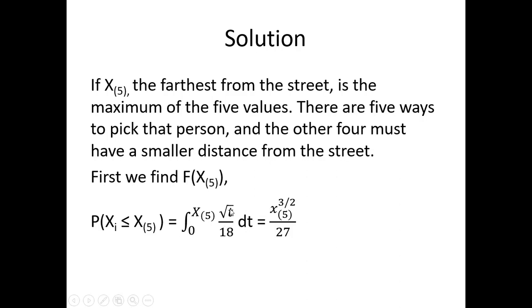So this becomes the square root of t over 18 dt. Treating this as t to the 1/2, you could take a 1 over 18 out. When I integrate t to the 1/2, we get t to the 3/2 divided by 3/2, but that's like multiplying by 2/3. So what I get here is x5 to the 3/2 over 27.